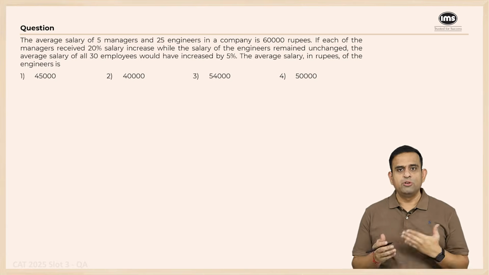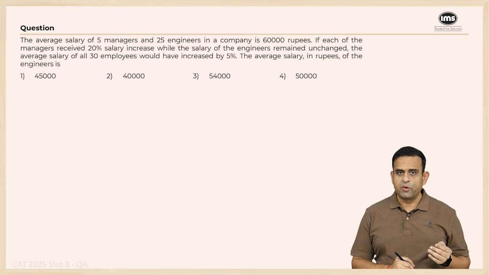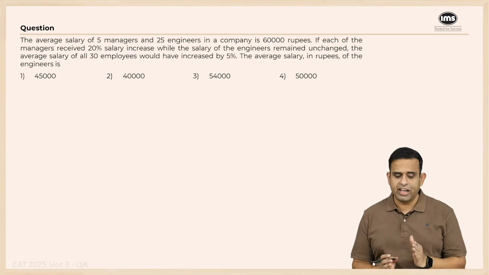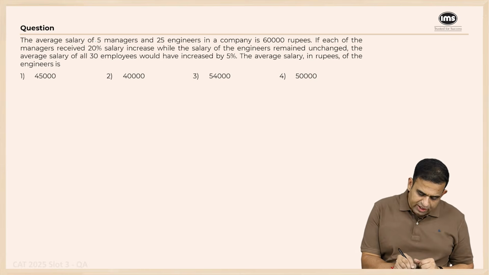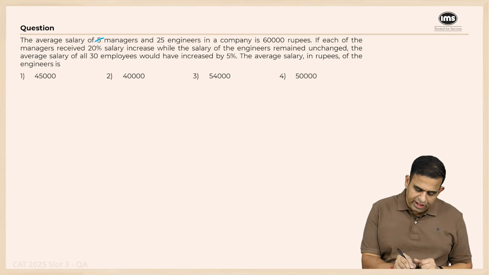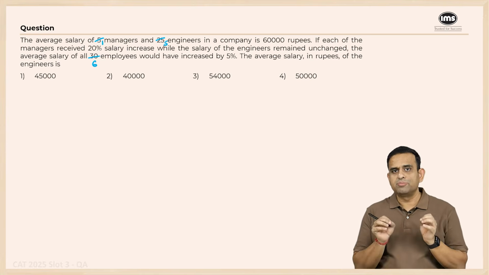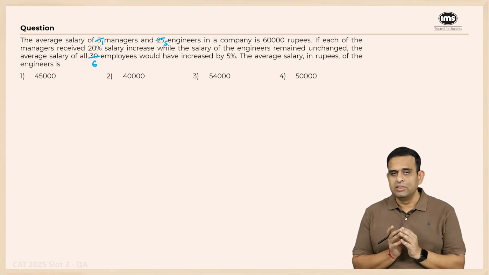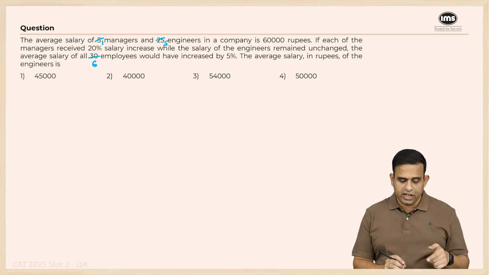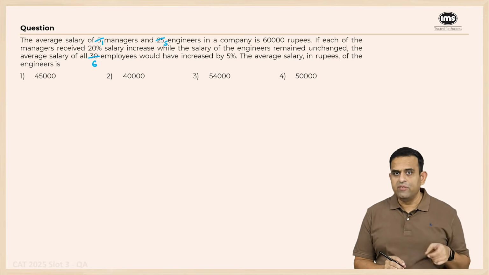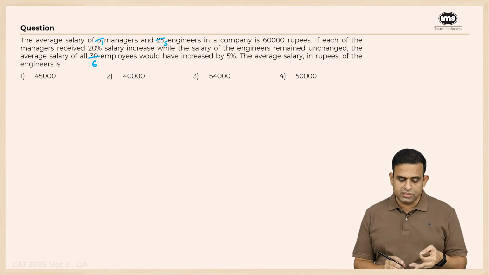If I look at a better way to solve this particular question, what we can do is look at the numbers closely for manager and engineer, which are 5 and 25. Both are cancelled by 5. So I will take 1 manager and 5 engineers, which makes a total of 6 employees. My focus is primarily going to be on the increase. Here the increase is only for the manager, and only 1 manager is there, with an increase of 20%.